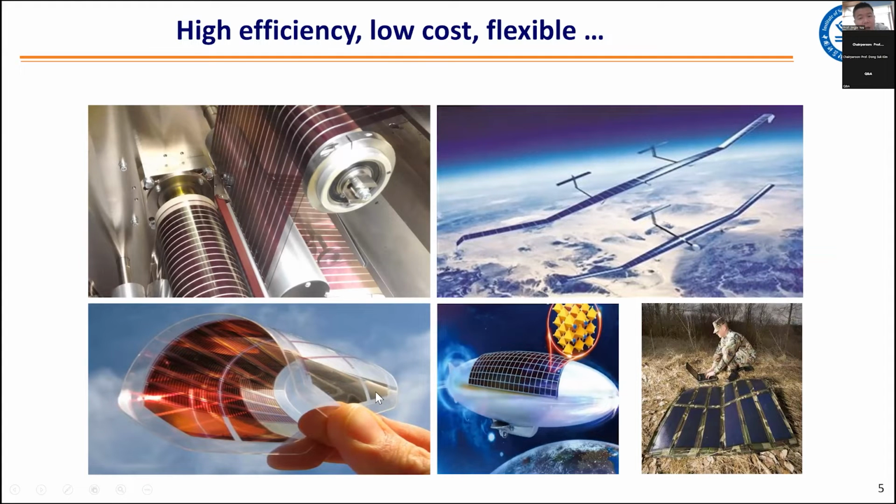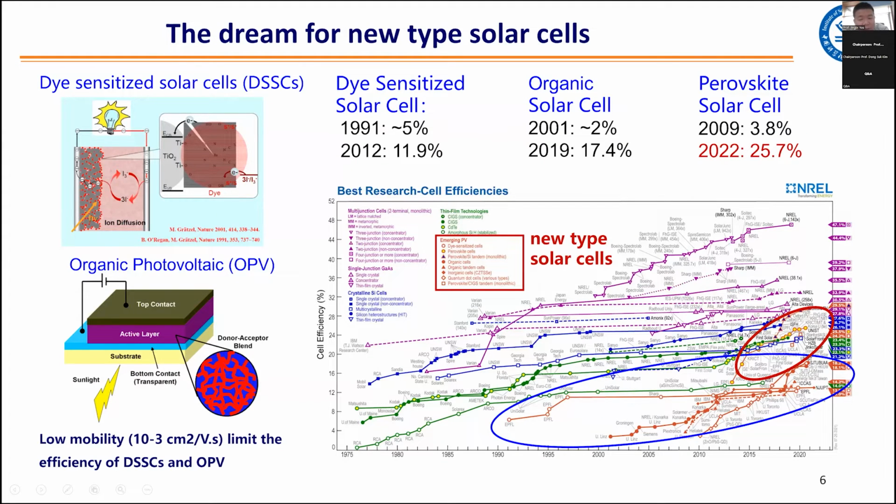In our history, we have had several attempts to design low-cost, new types of solar cells, which we call emerging PV. The first one is the dye-sensitized solar cell. This type of solar cell was very popular from the late 1990s to the beginning of 2000. At that time, the device structure was very similar to the beginning of the perovskite solar cell.